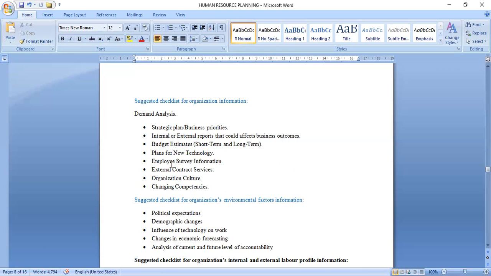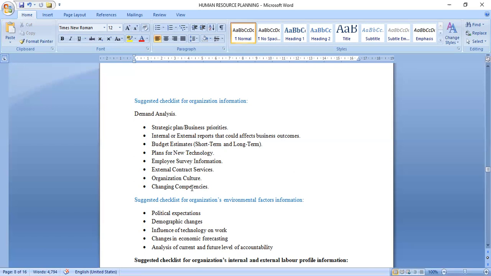You just need to train these ones, and at the end of the day, they will meet the required skills to operate these machines. So all that is in the demand analysis. We are still at the first step of the human resource planning process, which is analyzing.